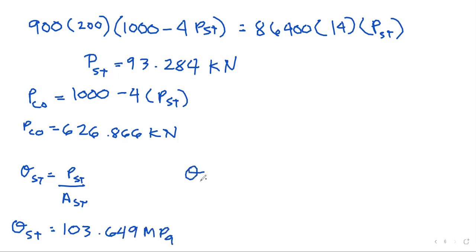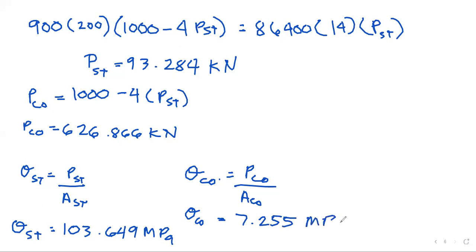Next, the concrete is equal to P concrete over its area: 626,866 divided by 86,400, which gives 7.255 megapascal.